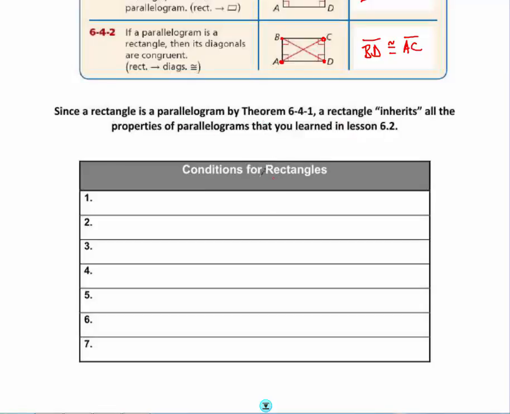So for this section, when we're talking about rectangles, we want to remember that since it's a parallelogram, I'm going to put a little parallelogram symbol out here. Remember that the opposite sides are congruent, and since it's a parallelogram, the opposite sides are parallel.